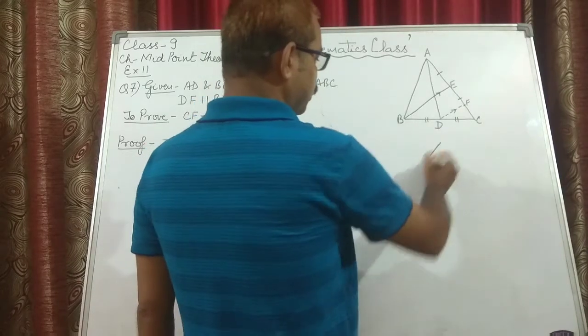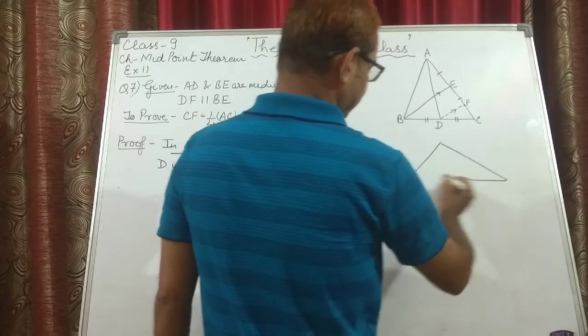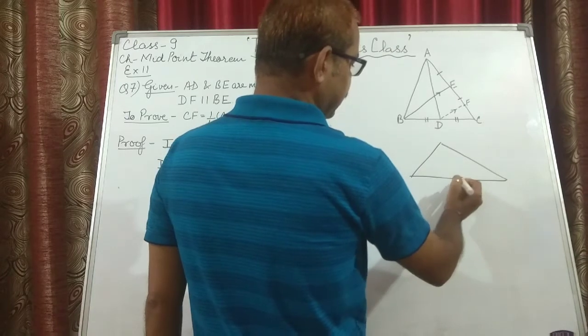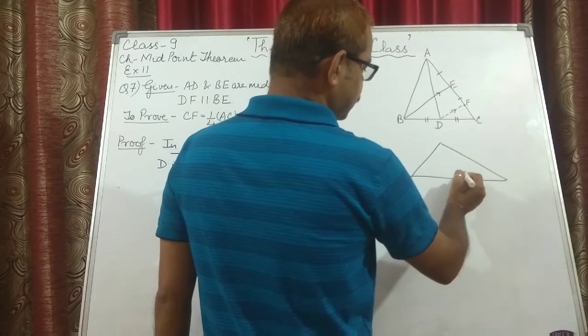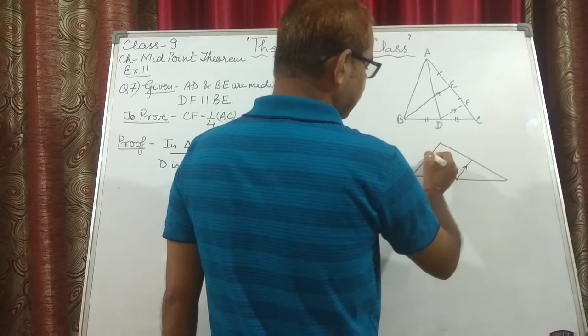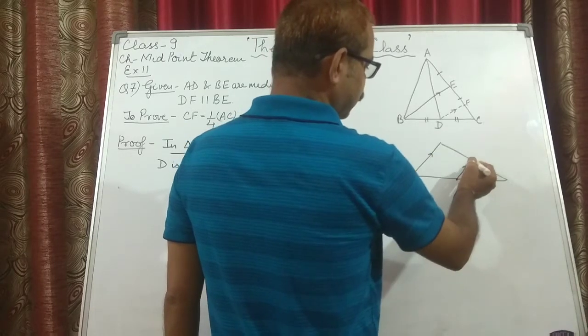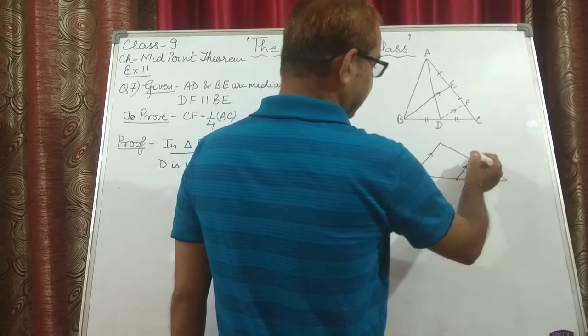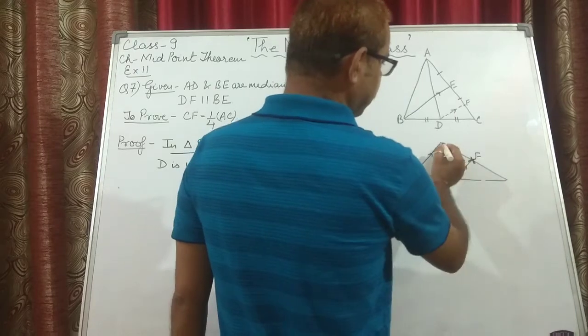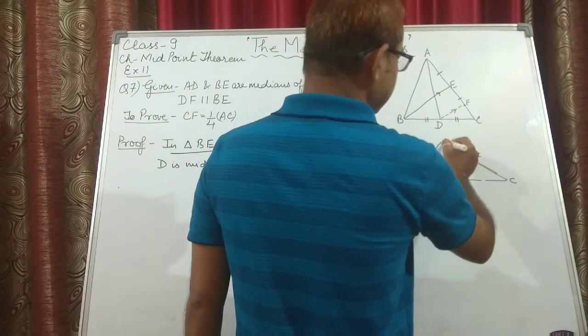So if you look at this triangle, this is the midpoint, and from the midpoint a line is going which is parallel to the other side. So according to the converse of the midpoint theorem, this point, that is F, will be the midpoint of CE.